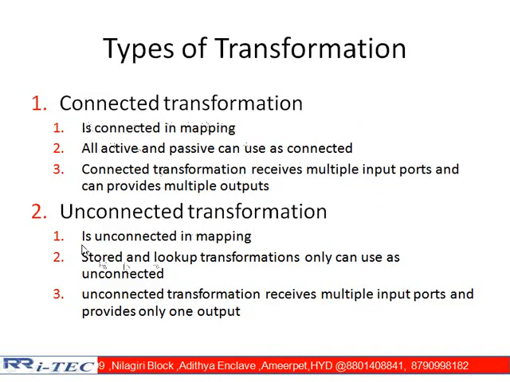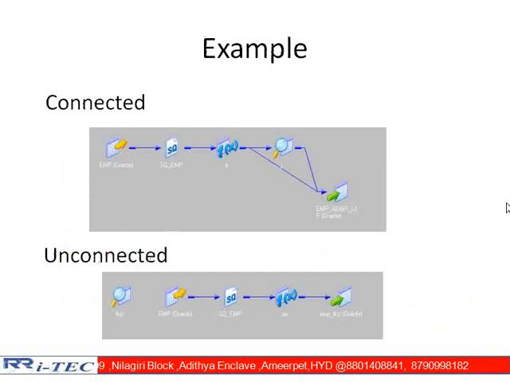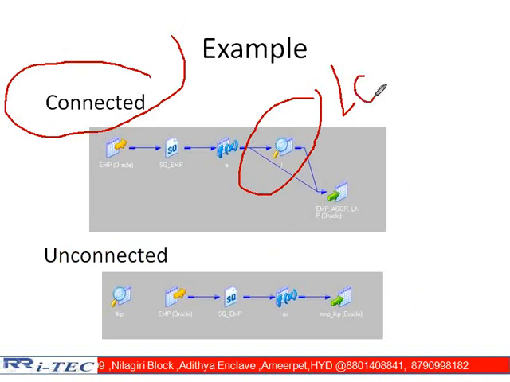Connected transformations and unconnected transformations. See this one. I have connected here. Connected means, if you go and see this one, lookup. Is lookup connected or not connected, sir? It is connected. And this one is unconnected. Okay. Related to these transformations, I want to write some points.